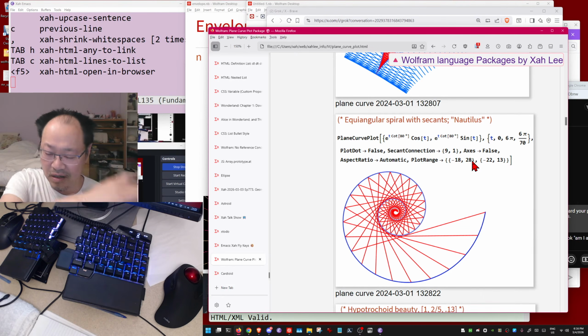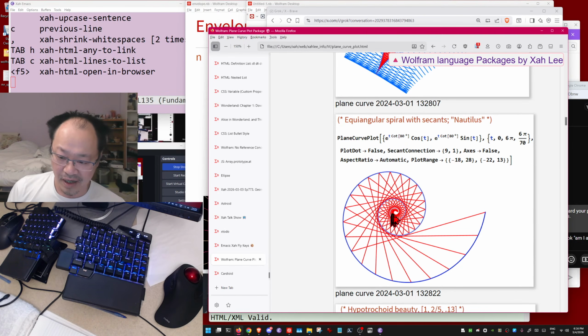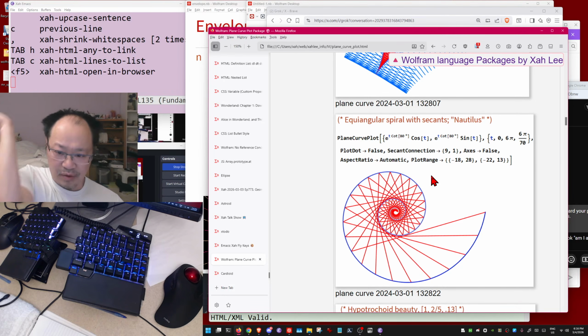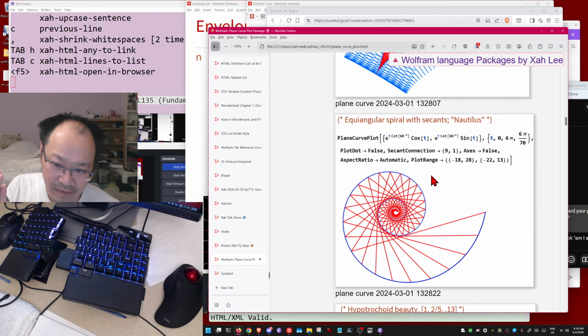For any point on the curve, the angle is the same. It doesn't matter which line you draw, the angle is the same. That's why it's called the equal angular spiral.